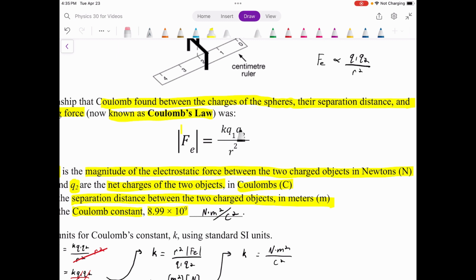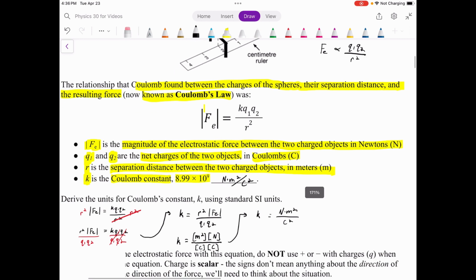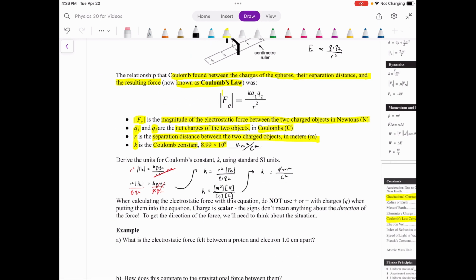They've canceled out. The Coulomb squared here will cancel out with the Coulomb squared in the denominator of K's units. Then I'm taking Newton meters squared and dividing it by meters squared, so I'm left with newtons, which are the units of force. So it works out and it checks out.